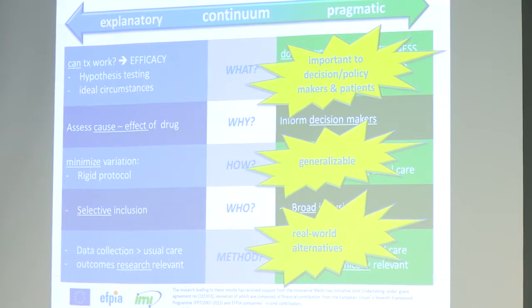And you actually look at real-world alternatives, rather than in an RCT where you have either placebo or very specific control arms. We're looking at strategies that are used, and that could be a combination of various usual care or standard of cares.